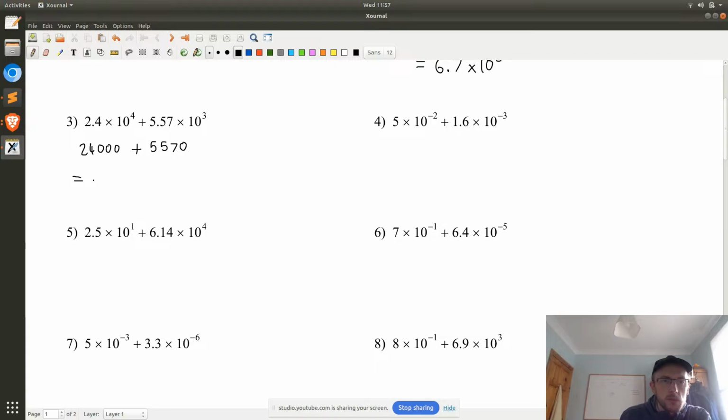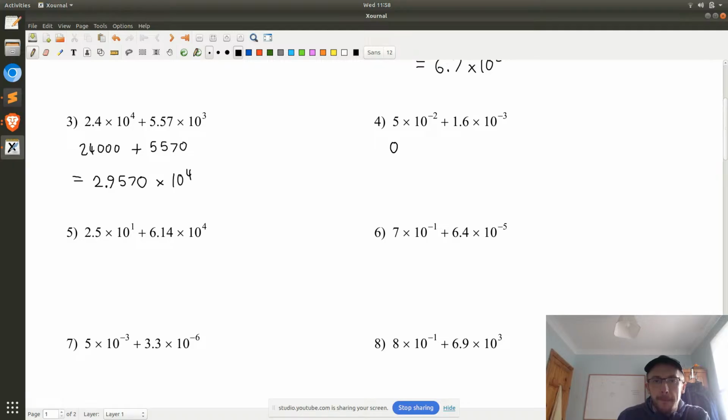So 29,570 in standard notation. Decimal point there, times 10 to the 4 in scientific notation.